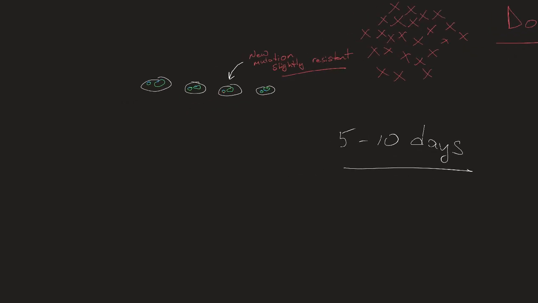So over that 5 to 10 day period of dosing, you have these cells dying off one at a time. That one's dead. That one's gone. This one goes. The antibiotic concentration is strong. It's large enough to kill all of them if you give it enough time.